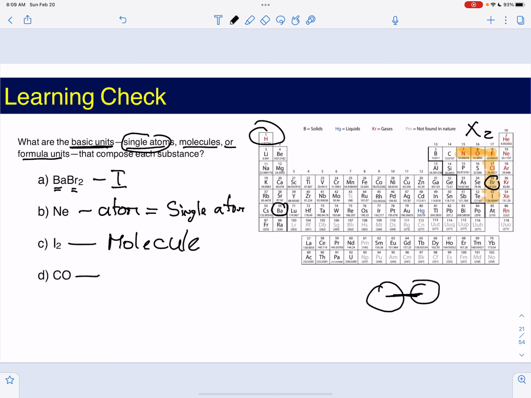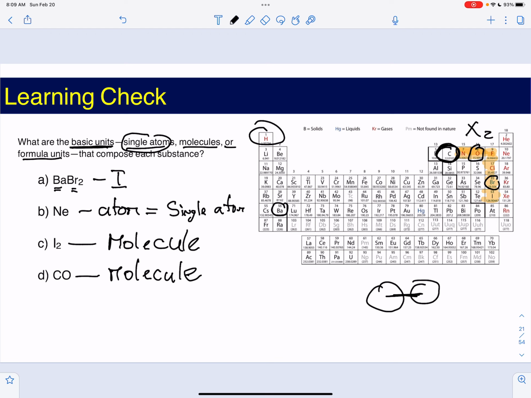And this one is the same story. You have a non-metal with a non-metal, so therefore it's a molecular compound. And we say it's a molecular compound because the smallest unit is a molecule.